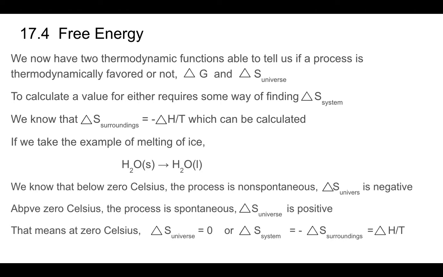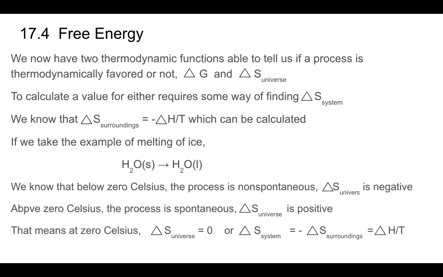So let me use this melting of ice example again. I believe we've used it previously, but let's go back to this melting of ice example. H2O solid yields H2O liquid. So we know for this process of melting of ice, that below 0 Celsius, the process is not spontaneous. It's not thermodynamically favorable to melt ice below 0 Celsius.